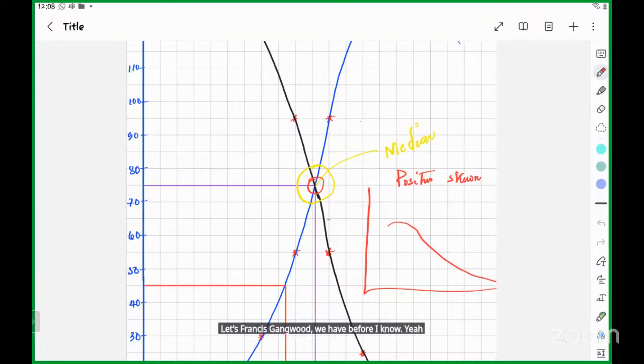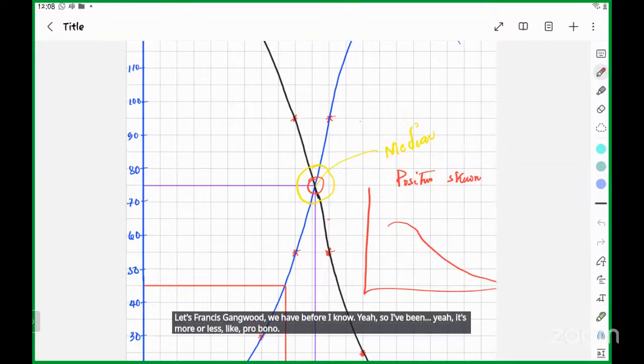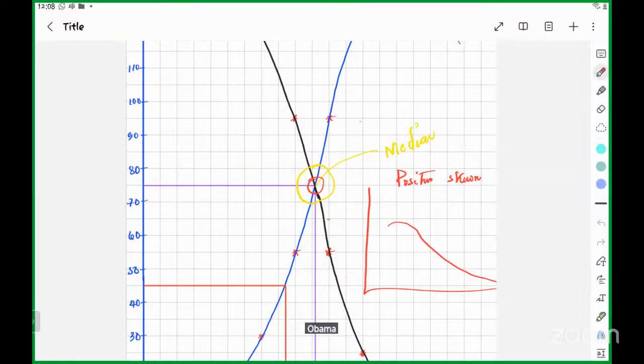Yeah. So it's more or less like Probono. It has to do with the formalization of SMEs. So it's sharing what you know, what should be done. But let's see how much.